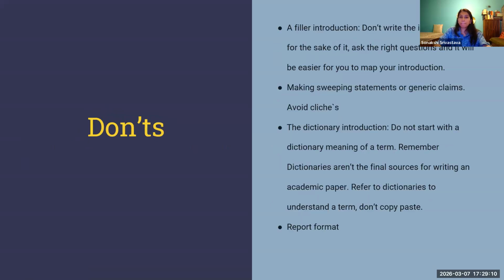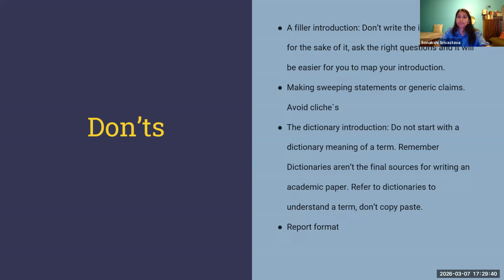Okay. Now, before I go on to show you an example of an introduction, these are some don'ts that I would suggest you follow so as not to write a bad introduction. A filler introduction. When I said do not treat your introduction as absolute, I also did not mean that you only have an introduction for the sake of an introduction.